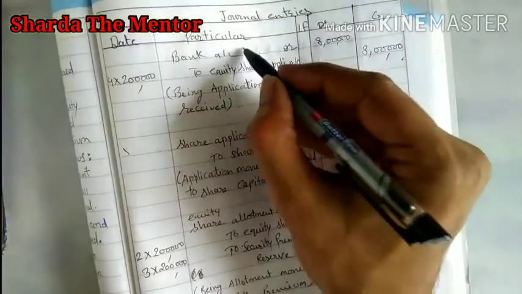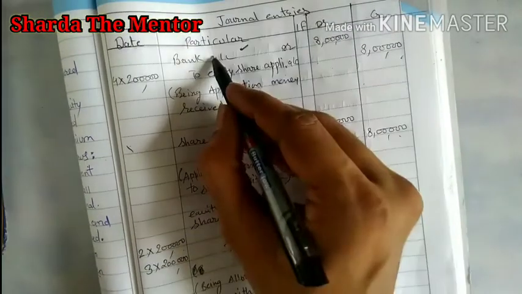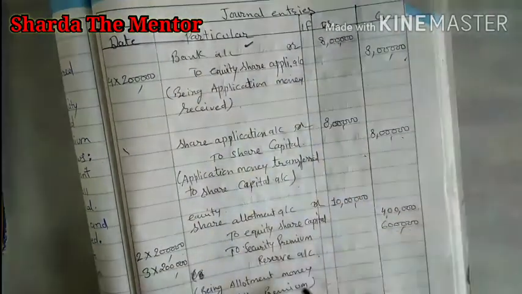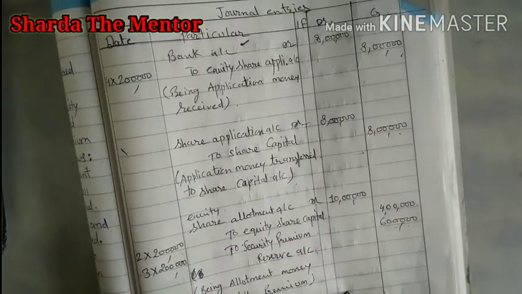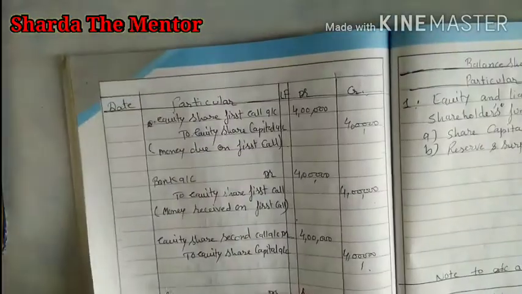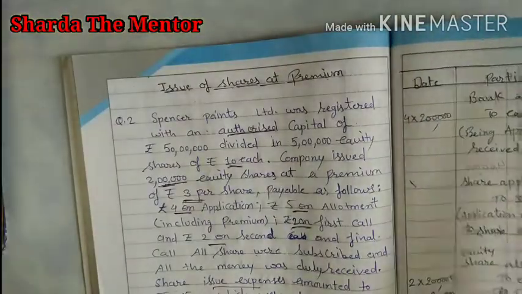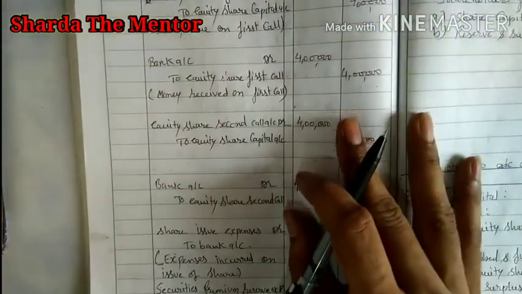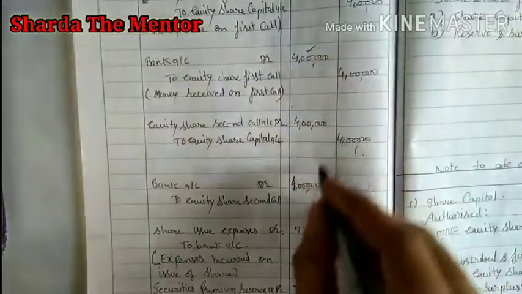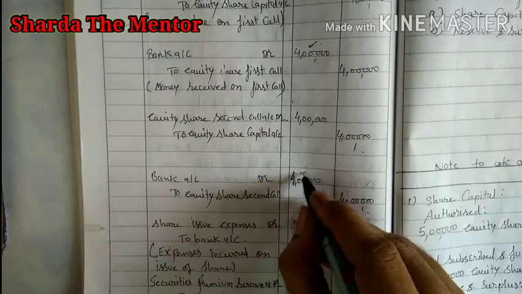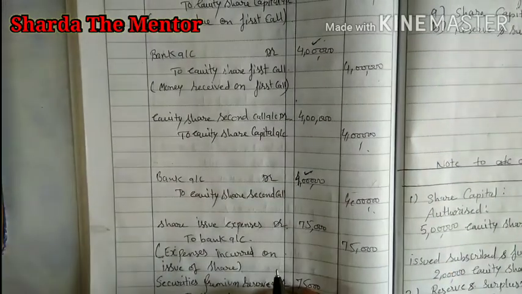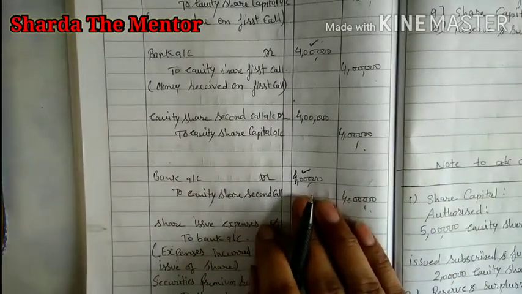Here first bank account you can see, that is 8 lakh. Then again bank account, that is 10 lakh, so 8 lakh and 10 lakh is 18 lakh. Now again 4 lakh, so 22. Then again that is 26. So total 26 lakh is there.